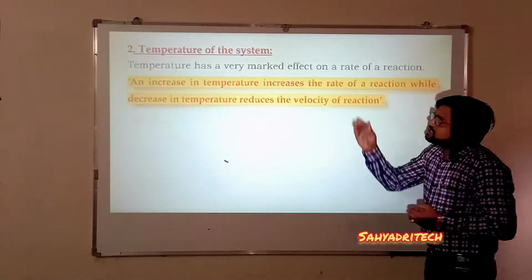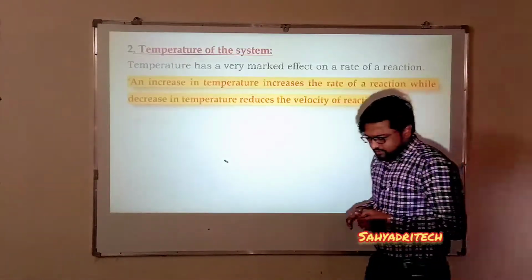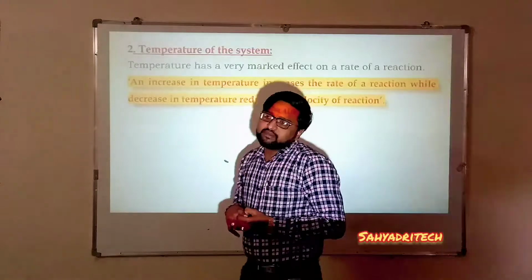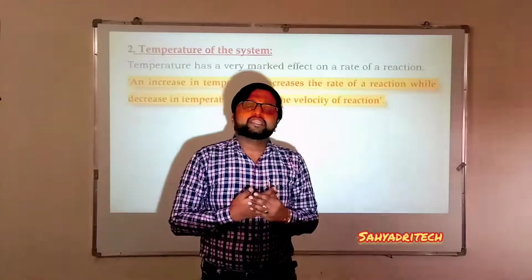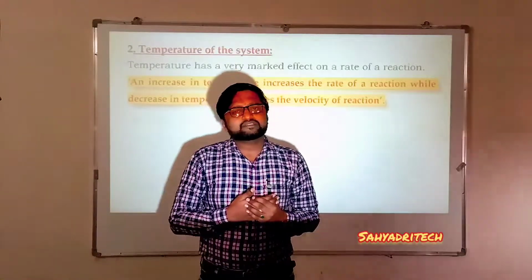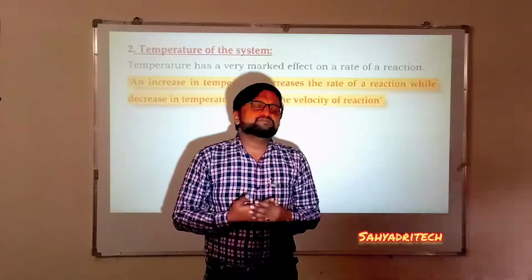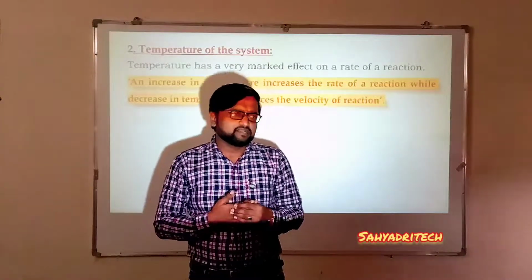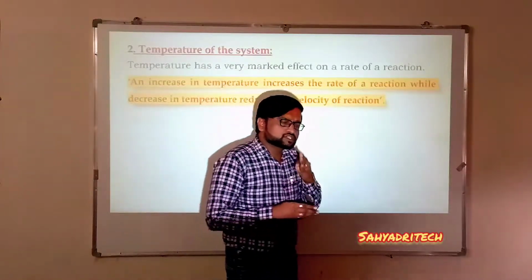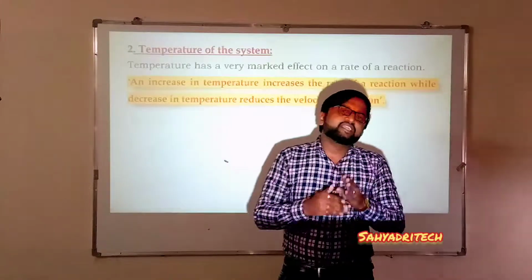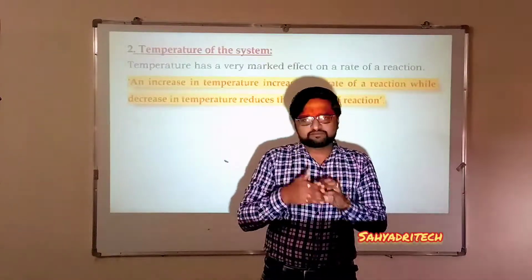Well, here generally we know that when we increase the temperature, the kinetic energy of the species increases. If the kinetic energy of the species increases, it means those reactant molecules start moving with a high kinetic energy. They are moving with a high speed.